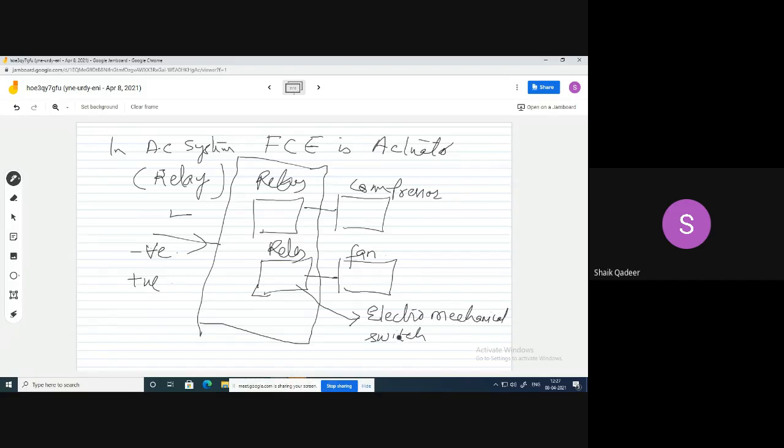Anyhow, there is some relation, to which I will come a little later. Some of you asked me a question, you have some doubt about the controller and final control element. That's why I am going deeper into this explanation. Hope you all understand.